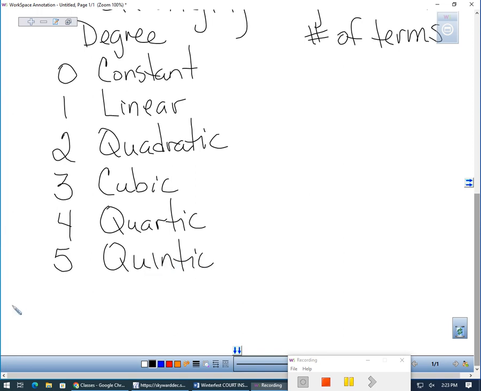And then anything greater than an exponent of 5, we call it a polynomial of that degree. So that's the first word we use to classify it. The second one has to do with the number of terms. So obviously if we have 0 terms, that's not anything, right? But if I have 1 term, that is called a monomial.